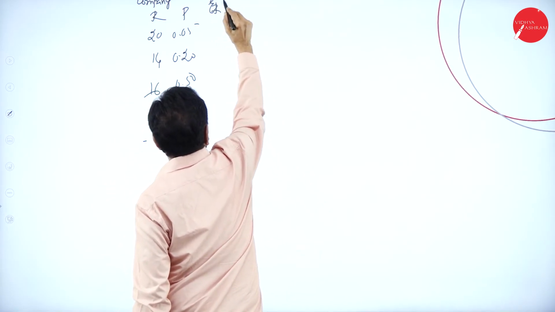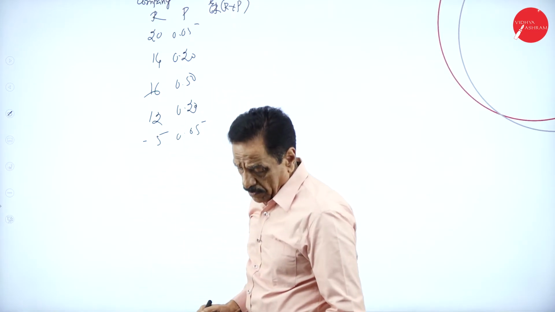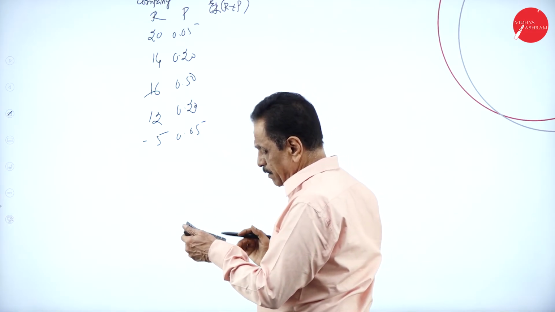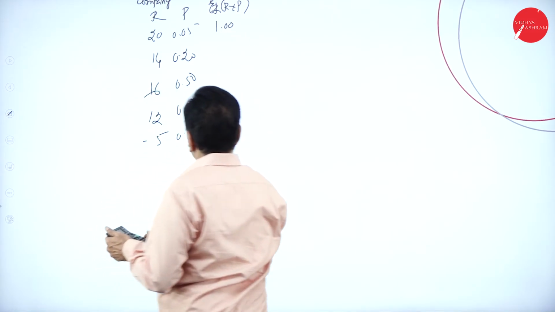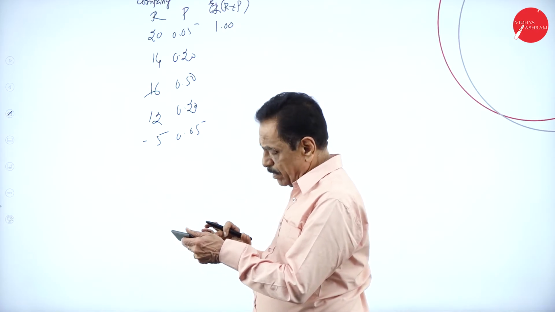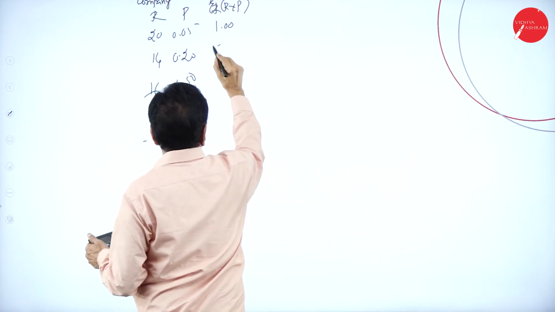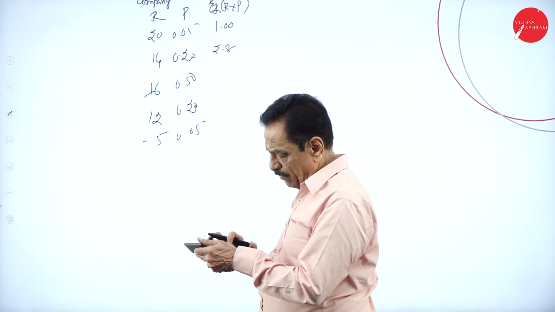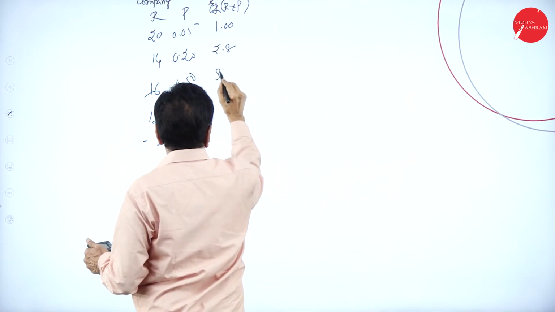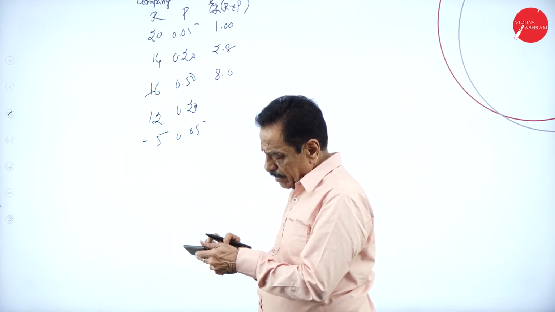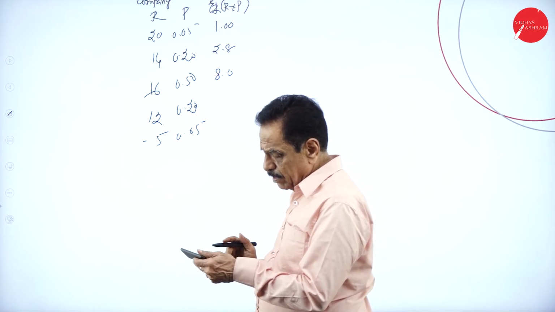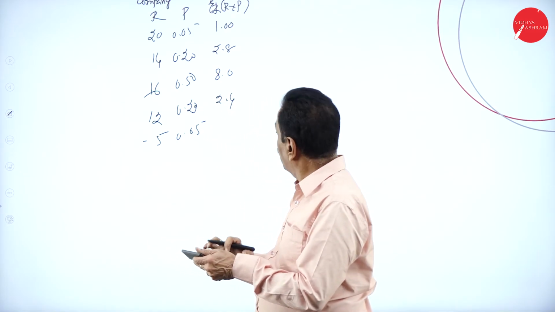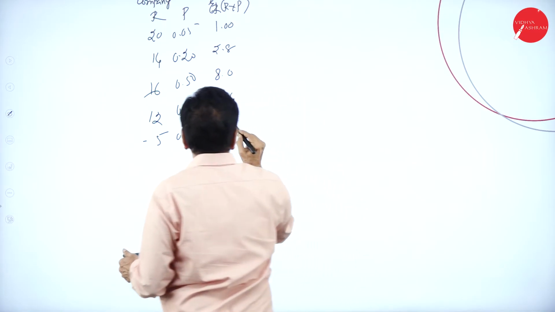Expected return R into P. 20 into 0.05, 1. 14 into 0.20, 2.8. 16 into 0.50, 8. 12 into 0.20, 2.4. 5 into 0.05, 0.25.